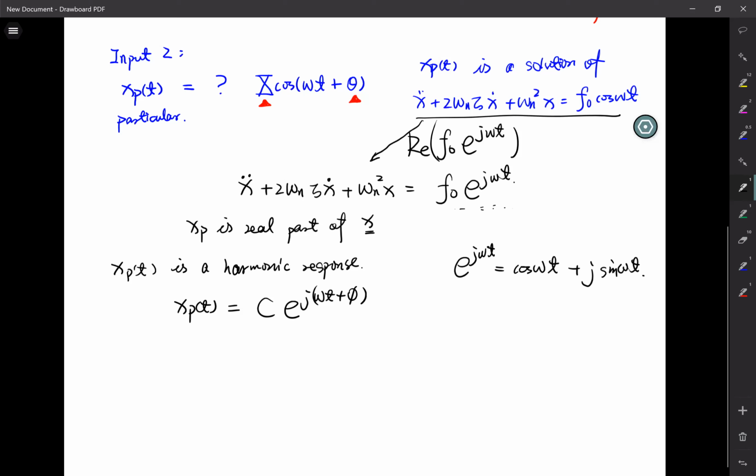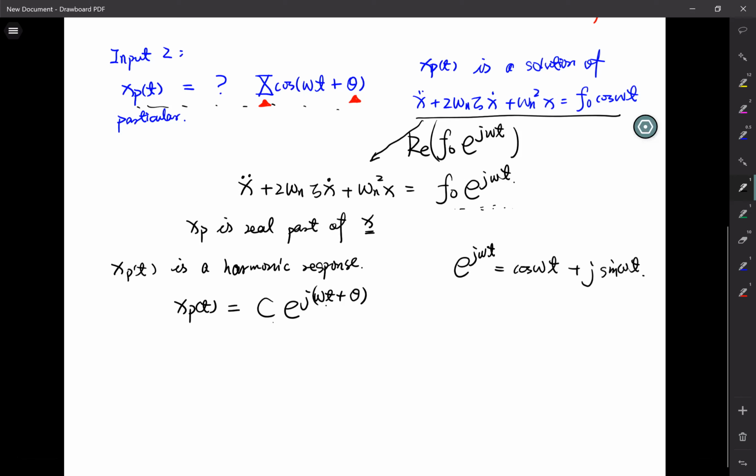From the first step, we know that your force response is going to be a harmonic excitation as well. To define a harmonic excitation, you need three parameters: amplitude, frequency, and phase. We already know the frequency should be the same as your excitation, so that's why it should be omega there. That means we need to find C and, oh, I just really like the variable phi. In this case, let's use theta. We need to find C and theta.